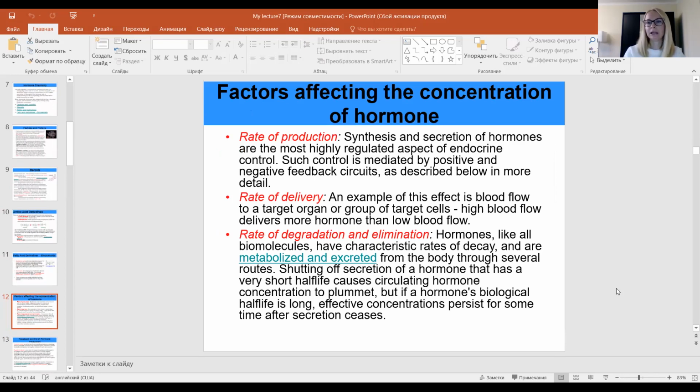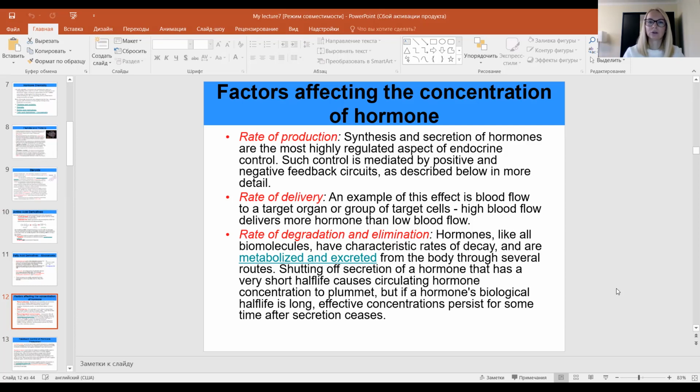Such control is mediated by positive and negative feedback loops. Rate of delivery is the second factor. An example of this effect is blood flow to a target organ or group of target cells. Obviously, high blood flow delivers more hormone than low blood flow.